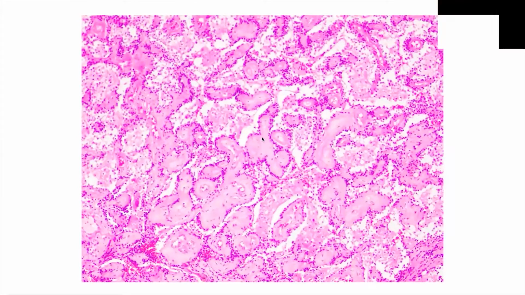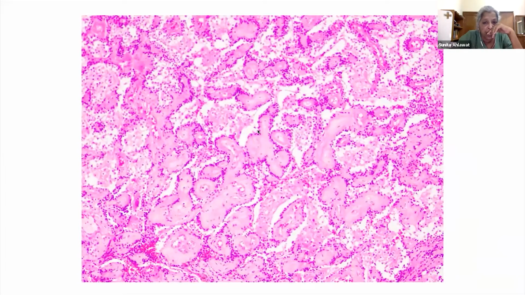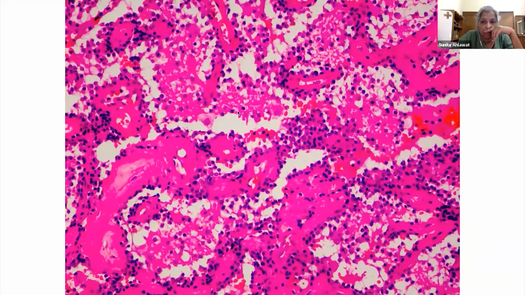You have these hyalinized blood vessels forming the core of the papillae, which are covered by these small cells. And in between there are also similar cells which are a little larger.